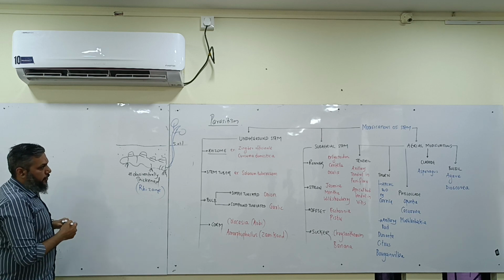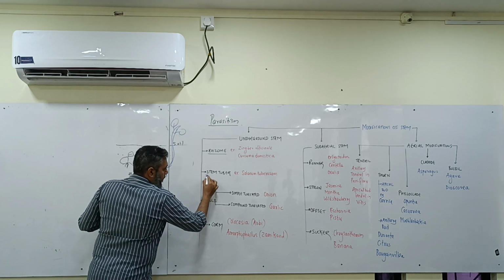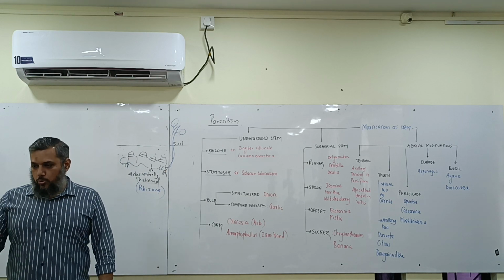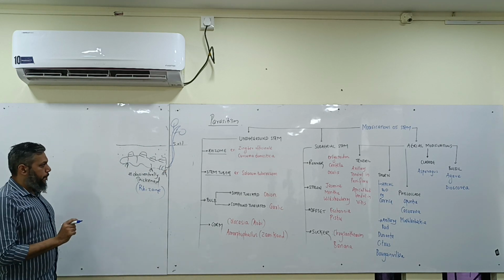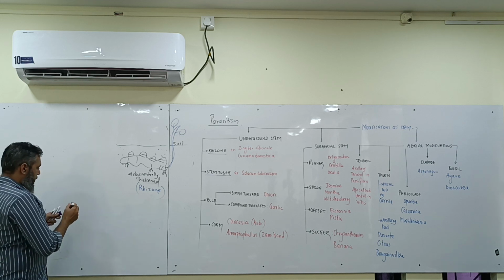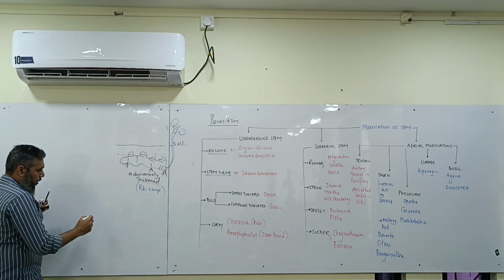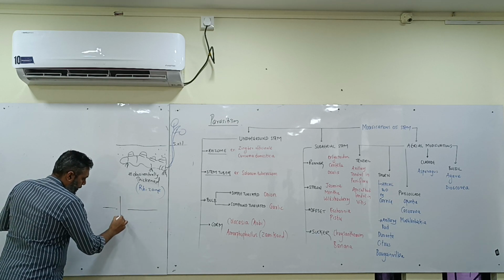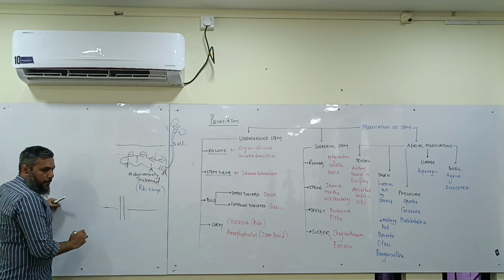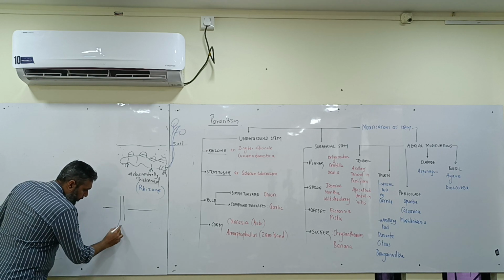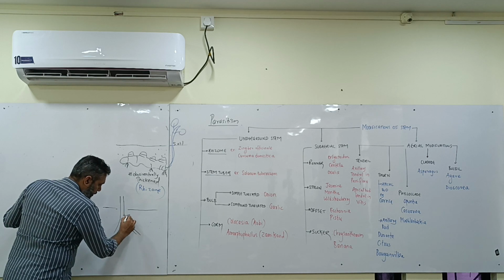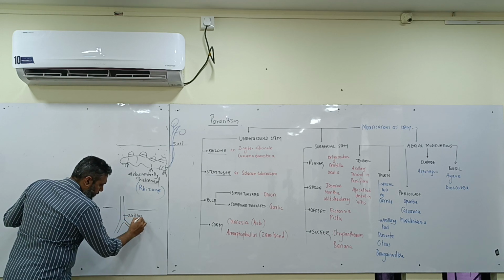The second modification there is the stem tuber of Solanum tuberosum. What is the name of the plant? Solanum tuberosum. In this case, this is the soil surface and this is an underground stem which will give branches. This is called as an axillary branch.